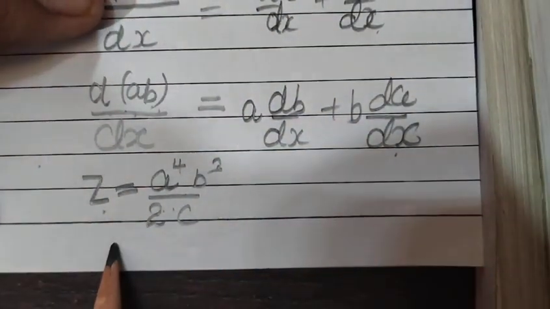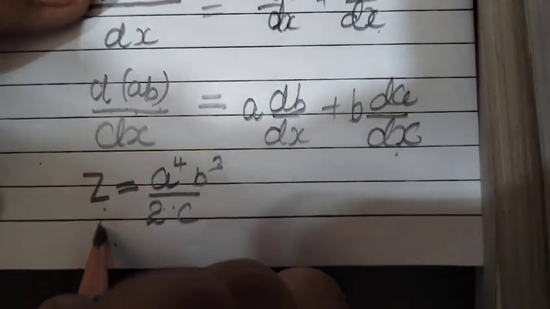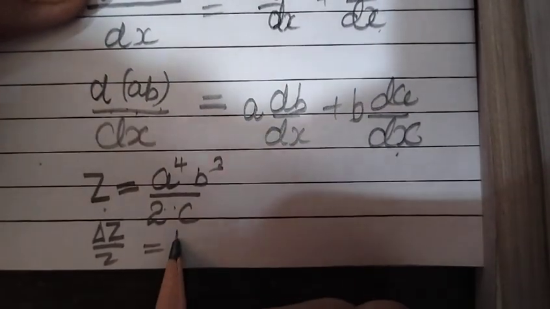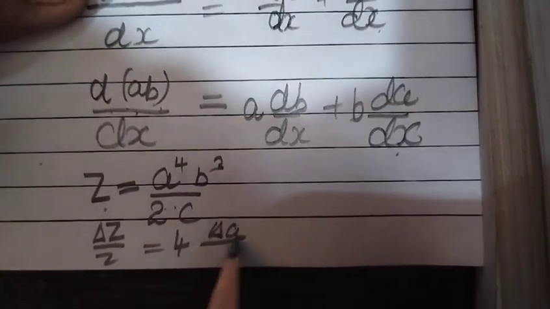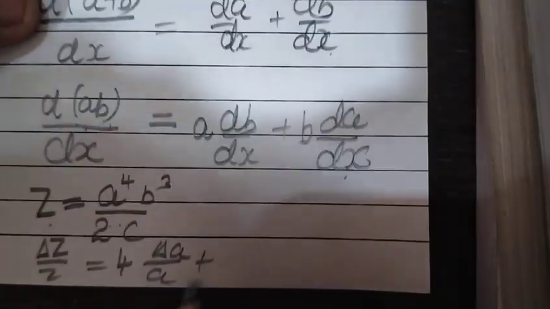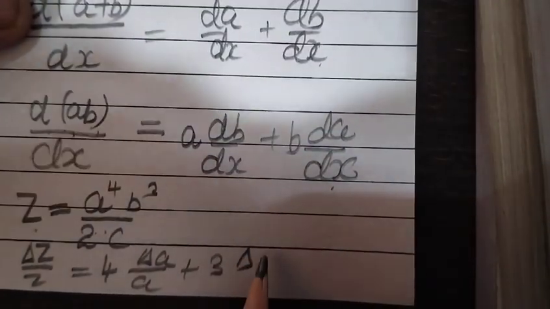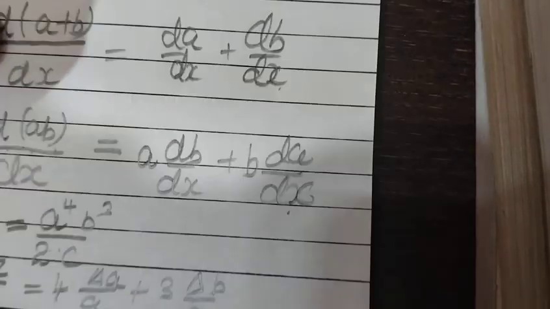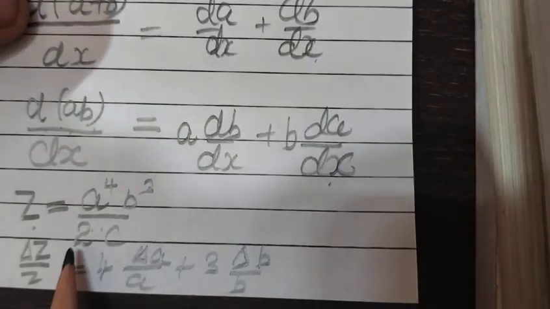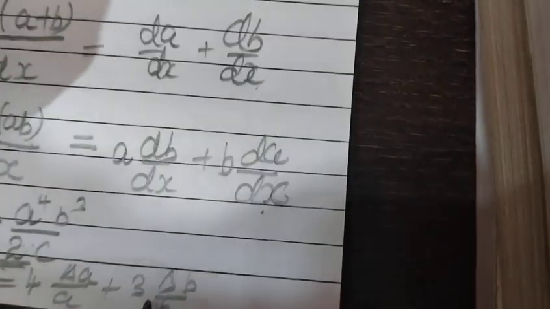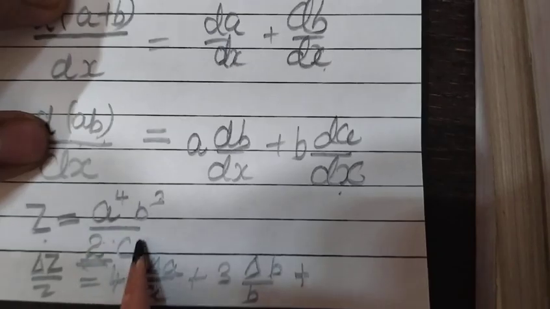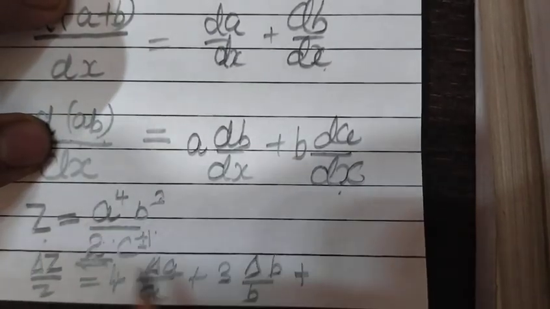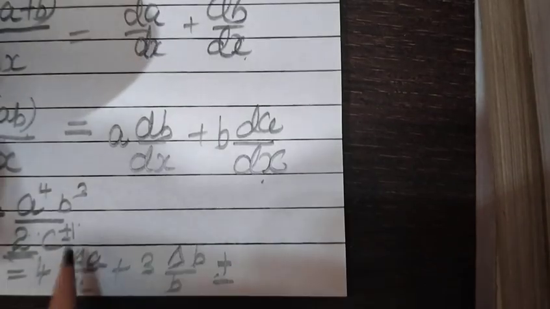We can write it like this using differentiation: delta z upon z equal to 4 multiplied by delta a upon a plus 3 multiplied by delta b upon b. We are going to ignore any constants like 2, and negative values of power are also ignored. We just take positive values of power.